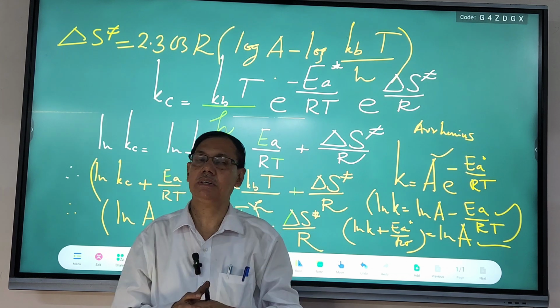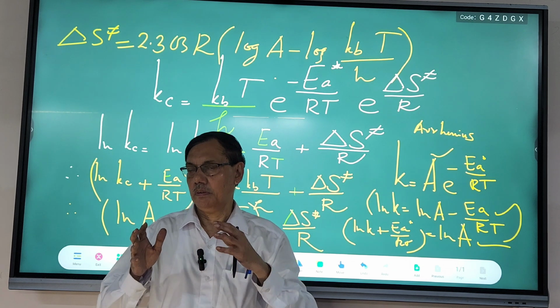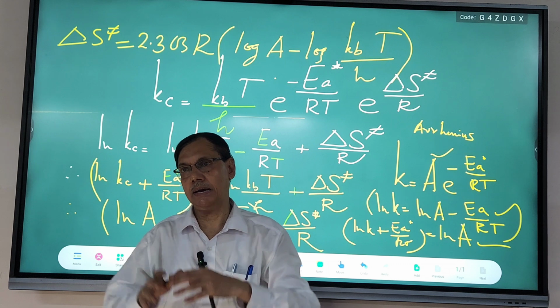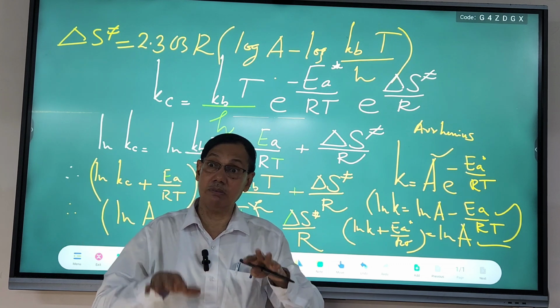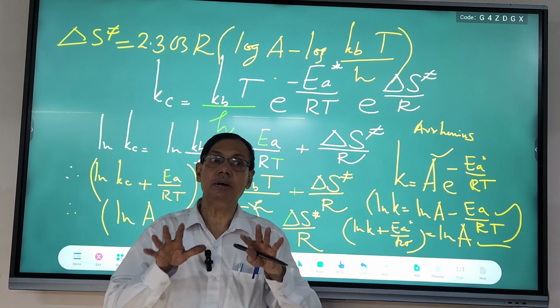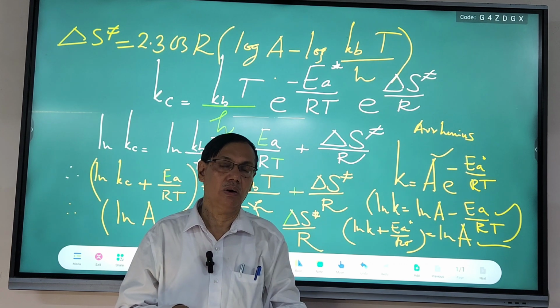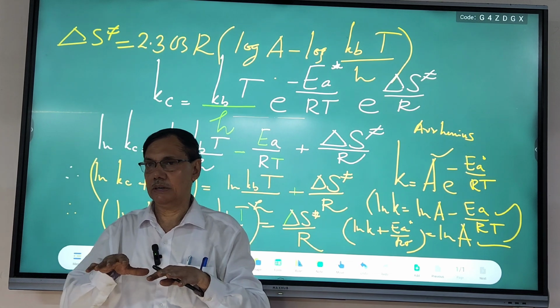According to my observation, if my reaction follows a unimolecular pathway, I will get a positive entropy, and if most of the reactions are bimolecular type, I am getting a large negative entropy of activation. What does it indicate? This is the significance of all these thermodynamic parameters.